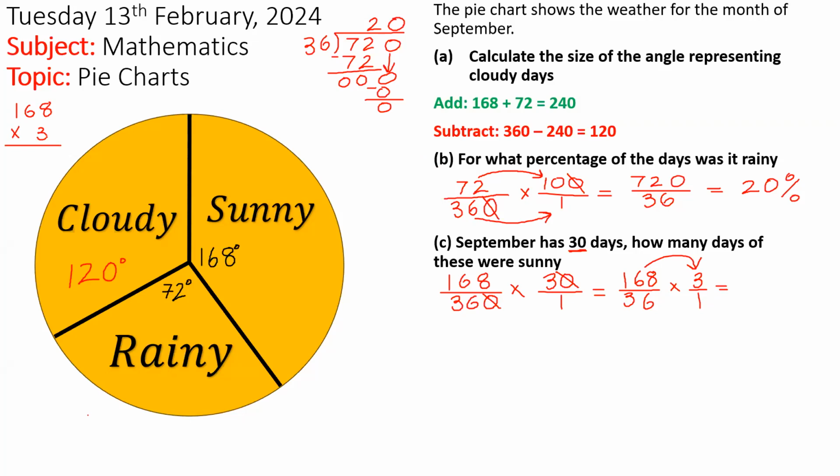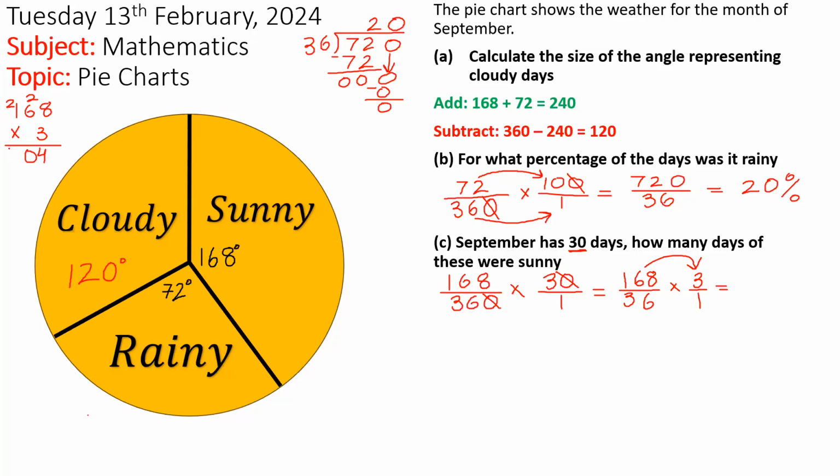3 times 8 is 24. Put the 4 down, put the 2 up. 3 times 6 is 18. And 18 plus 2 is 20. Put the 0 down, put the 2 up. 3 times 1 is 3, plus 2 is 5.